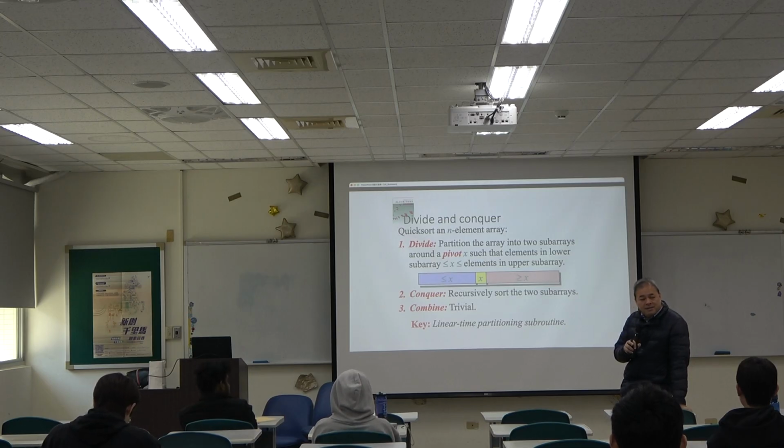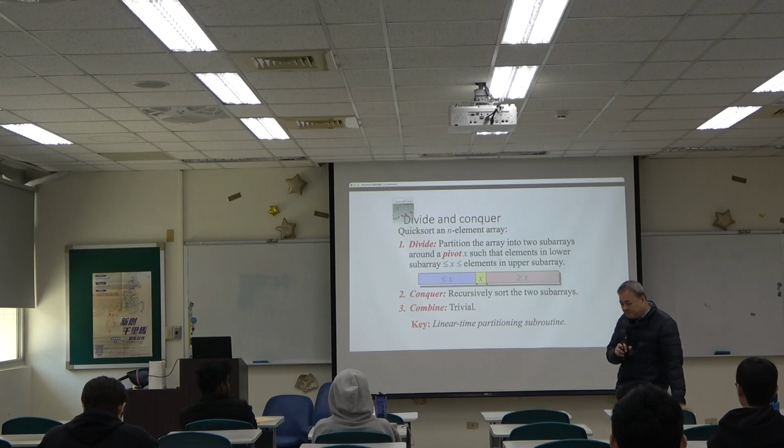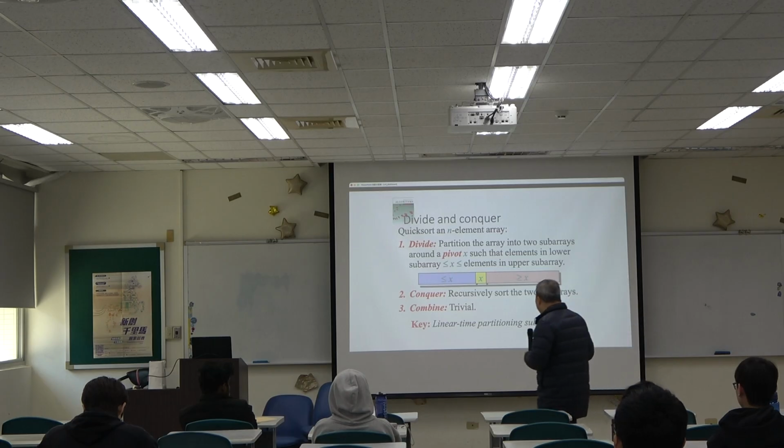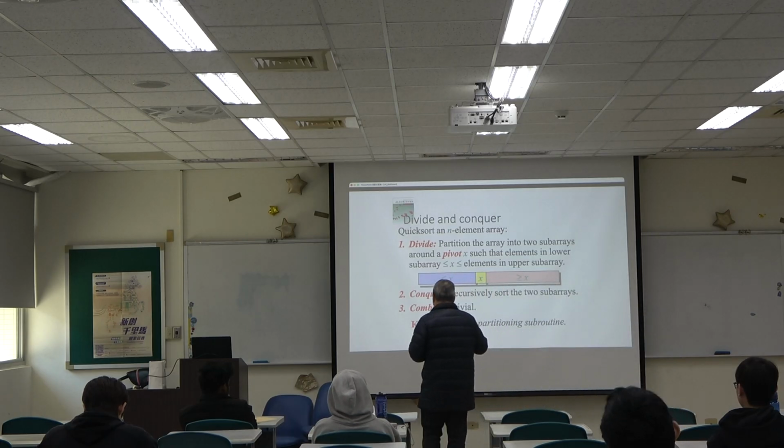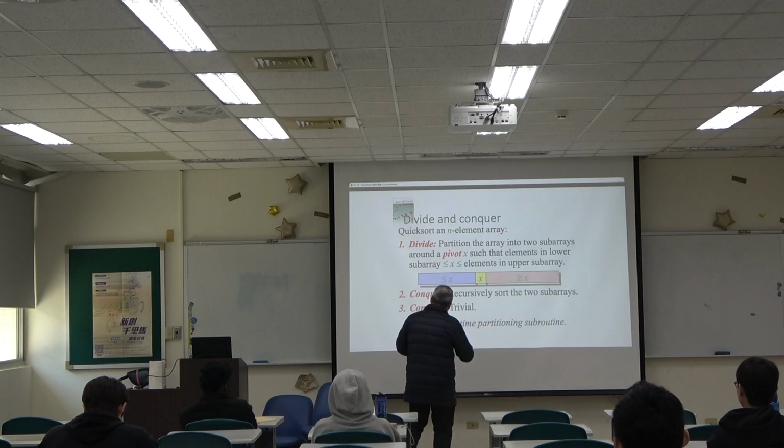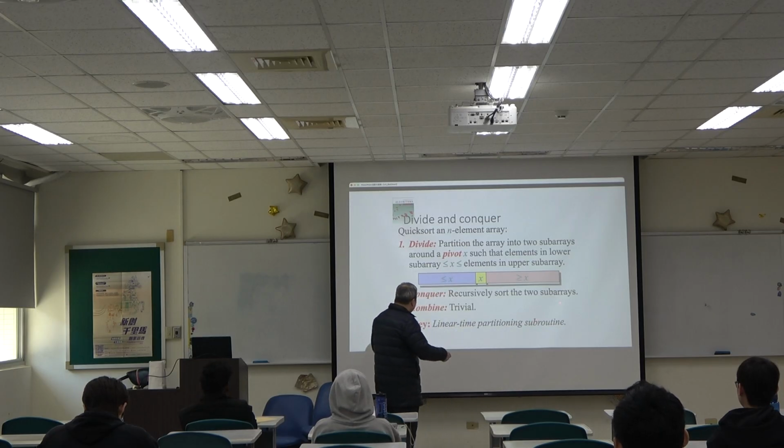Right? Think about that. Is that right? Yes. Okay. So that's the basic idea of quicksort. The key idea is how do we make sure this divide takes only linear time?